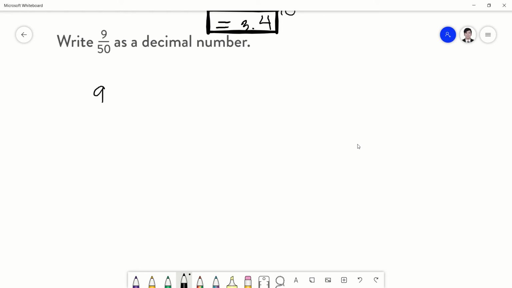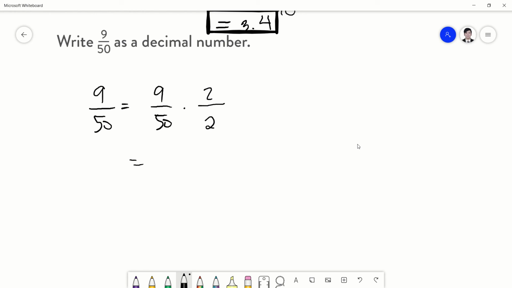So we need to multiply to get a number wherein it becomes a multiple of 10. It's either tens, hundreds, thousands, and so on. We just have to make sure that the denominator will turn out that way. In our case here, we multiply 2 in the numerator and 2 in the denominator.